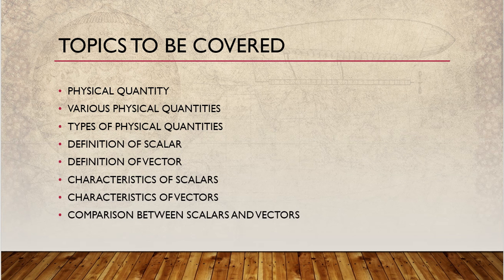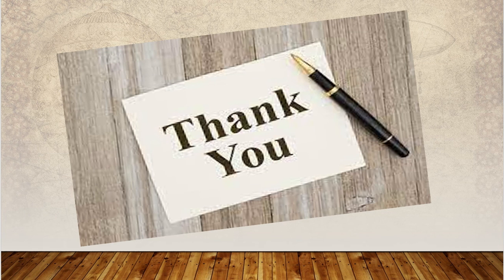Also, we have defined scalars and vectors, types of vectors depending upon the magnitude and direction. Also, we have discussed the characteristics of scalars and vectors. And also, we have compared the scalars and vectors. And lastly, we have discussed the resolution, the splitting up of the vector into two or more vectors.